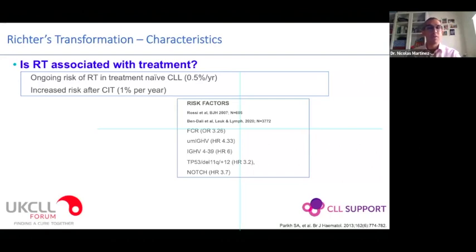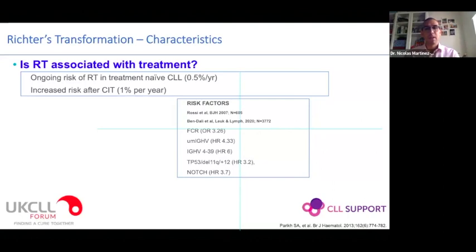As you can see, the use of FCR has an increased probability of Richter's of nearly 3 times. The unmutated, nearly 4 times compared to the mutated. The stereotypy of the IGHV receptor, there's a specific subtype that clearly confers a really high risk of Richter's. This is very difficult to measure in routine practice, and for the moment remains investigational, but is really relevant.